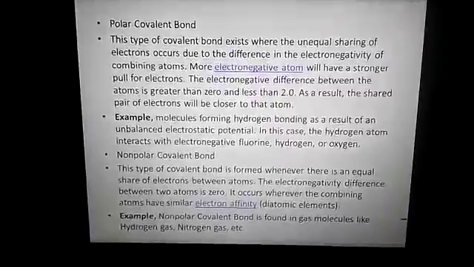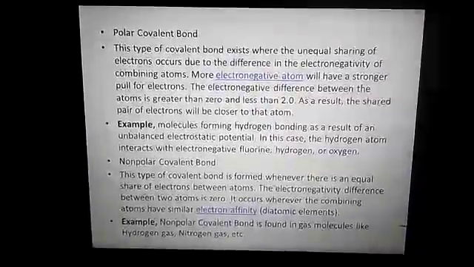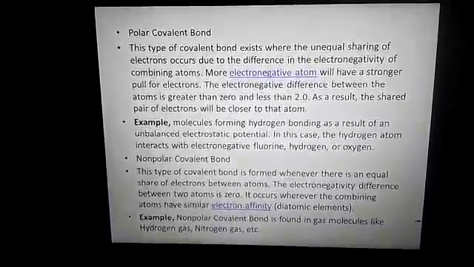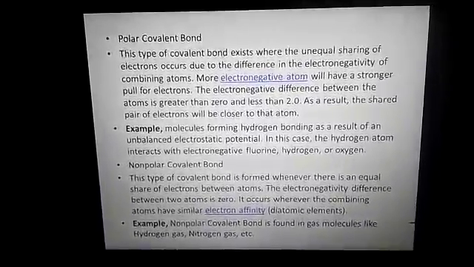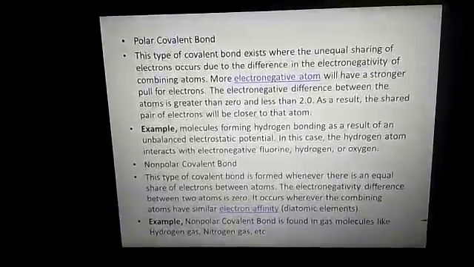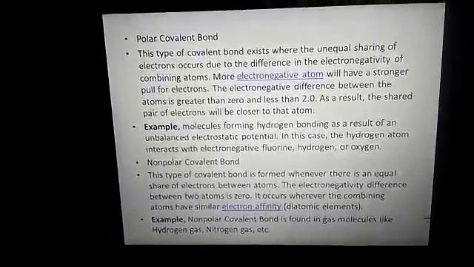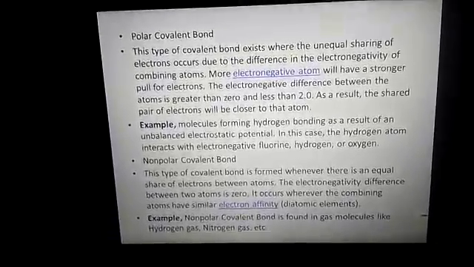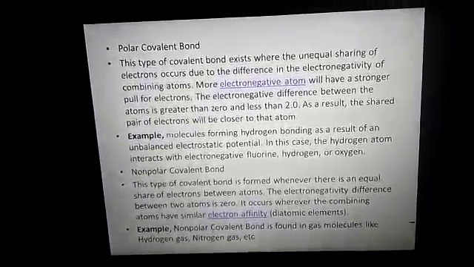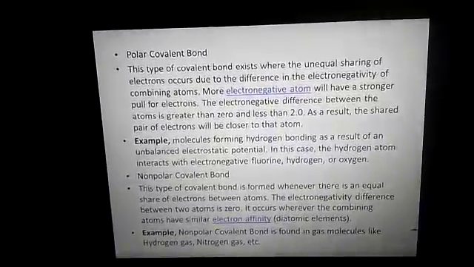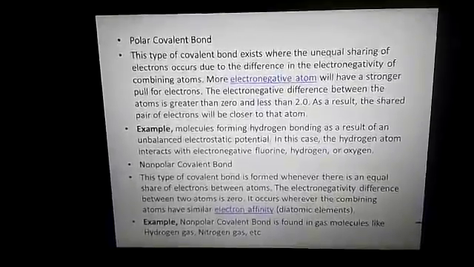In the hydrogen and oxygen molecule, the hydrogen atom will be slightly positive and the oxygen slightly negative. The oxygen attracts the electrons of the hydrogen atoms, and thus it forms a water molecule.